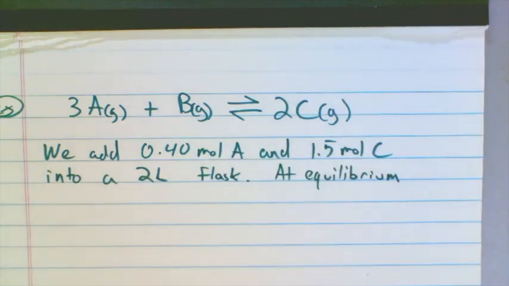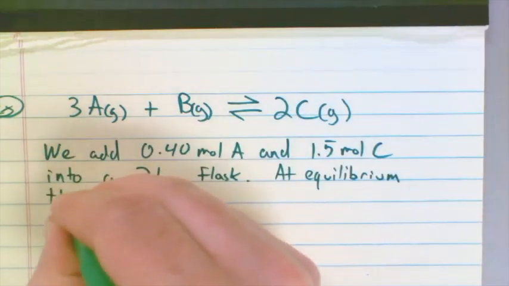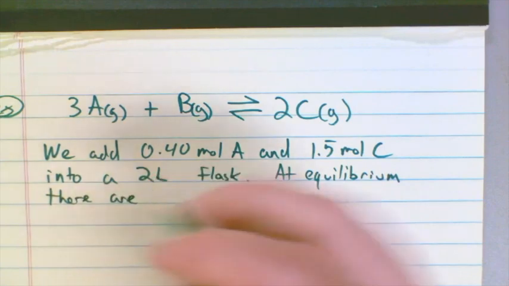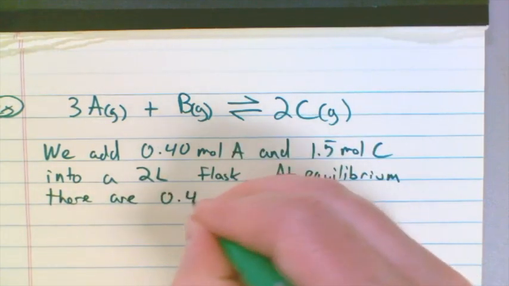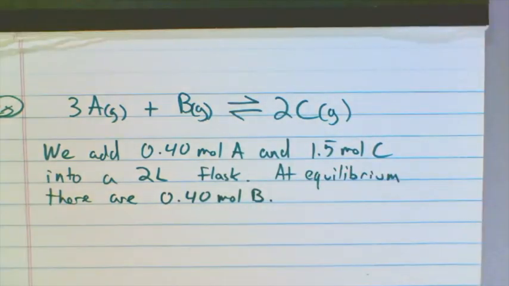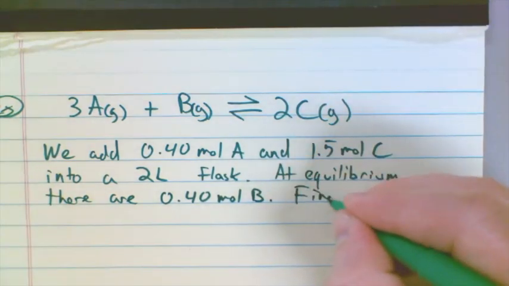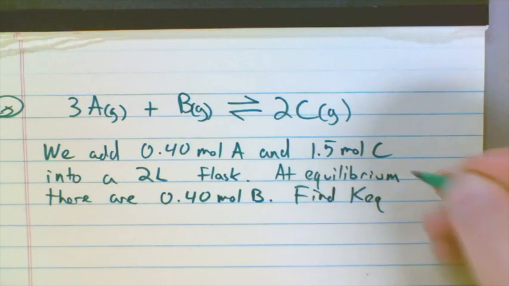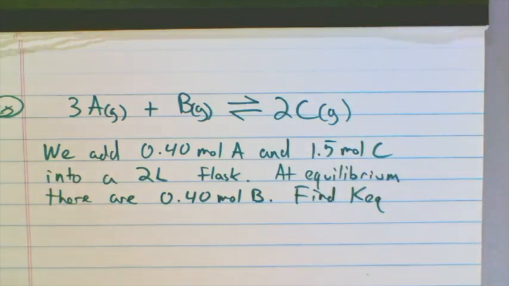So at equilibrium, there are 0.40 moles of B. And again, we're just going to find K on this. On these ones, I'm only going to have you guys find K.